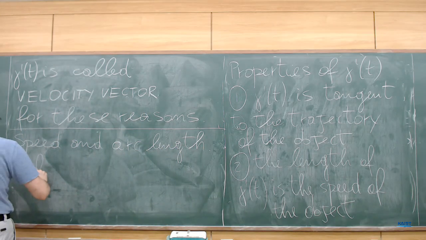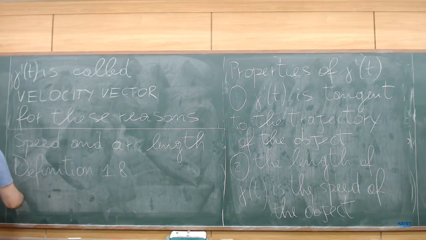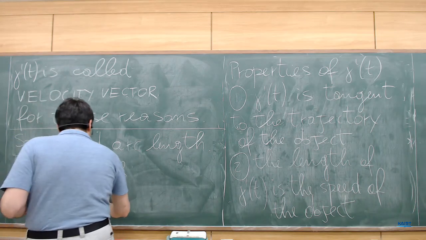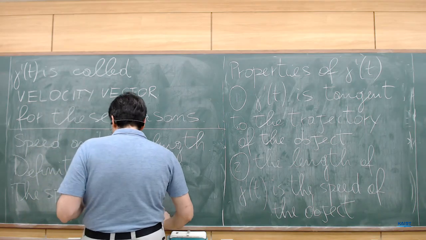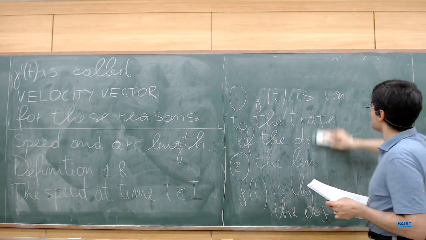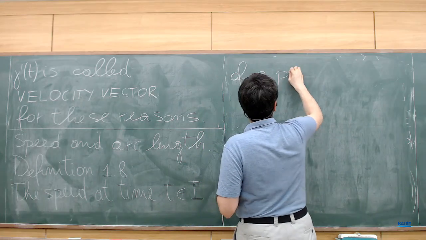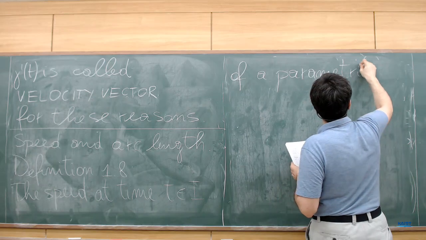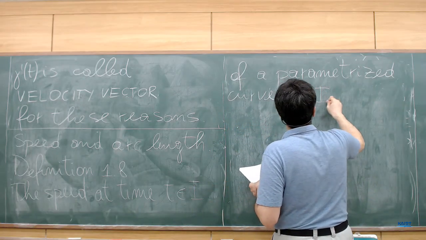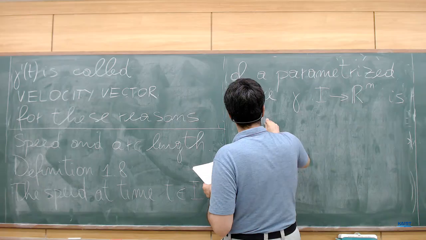So, definition 1.8, the speed at time t in I of a parameterized curve gamma defined on I with values in Rn is the length of the vector gamma prime of t.